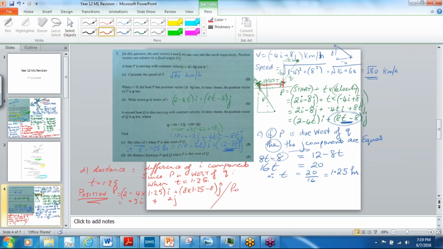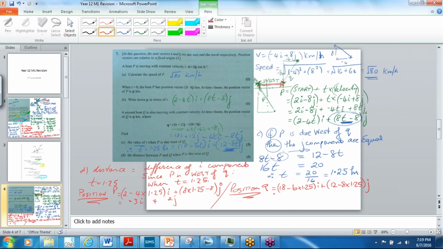All right, what's the position of Q at t equals 1.25? That would be 18 minus 6 times 1.25 i and 12 minus 8 times 1.25 j.